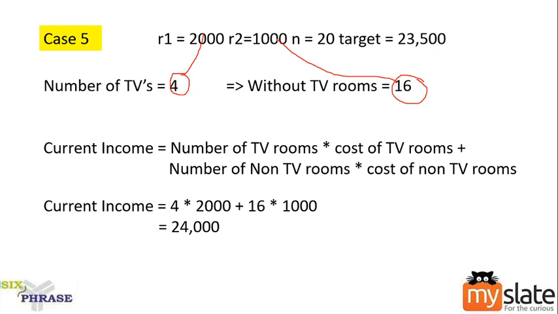But when I have 4 TVs, target will be achieved. So if you have 5 TVs or 6 TVs or 7 TVs, even then your target will be achieved. But that is not the question here. How many should you buy? The least number of TVs you should buy so that target can be achieved. Can you understand this? Yes.